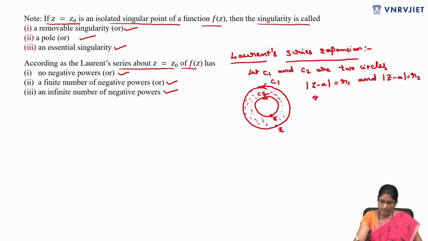But here the radius r2 is less than r1, and z is any point on C1 and C2.